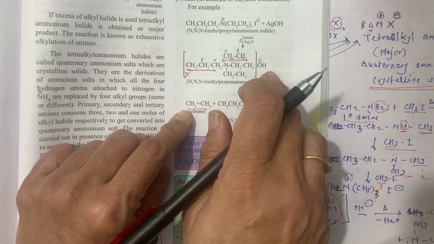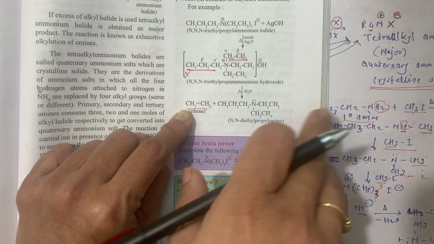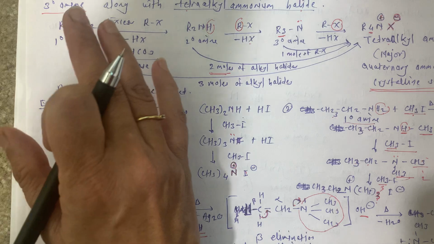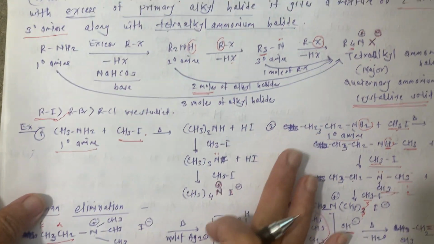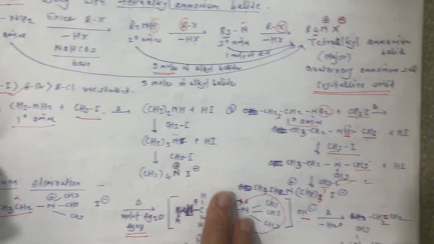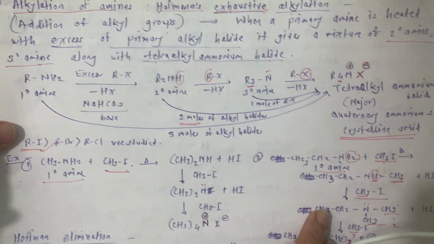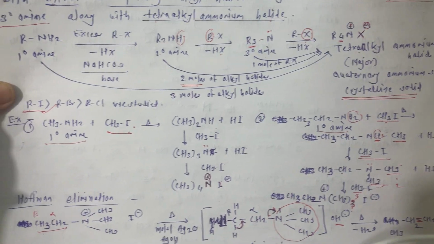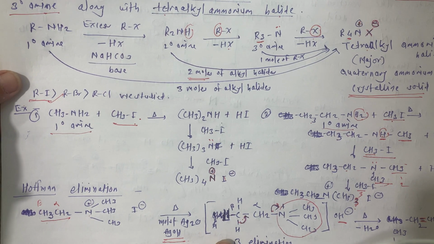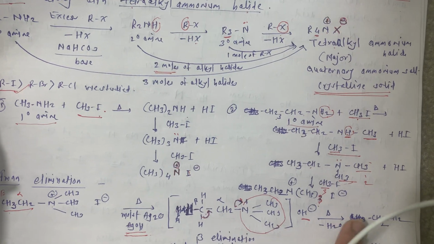This is the exceptional thing which is given in our textbook. But in general, if there are different groups, then the bigger group is going to be eliminated. Remember all these things, and this is important for your concept clarity and for your multiple choice questions, on how to find out the product.